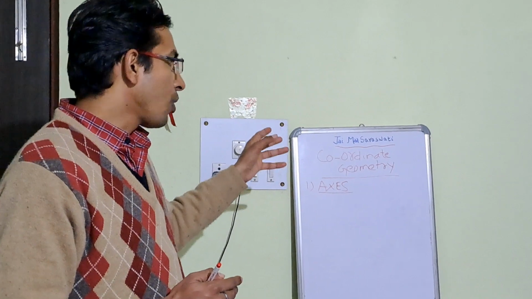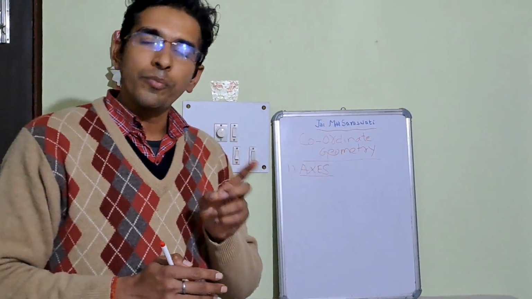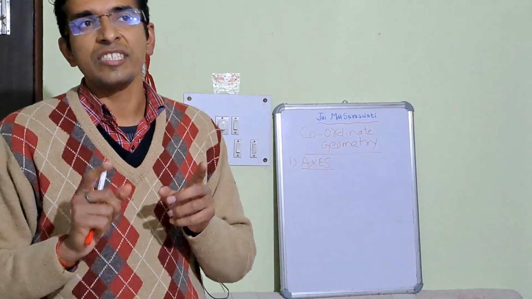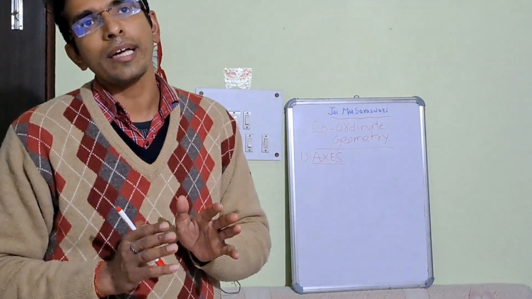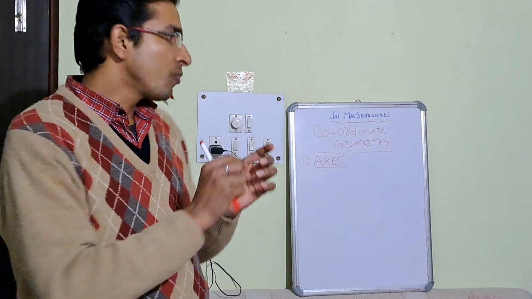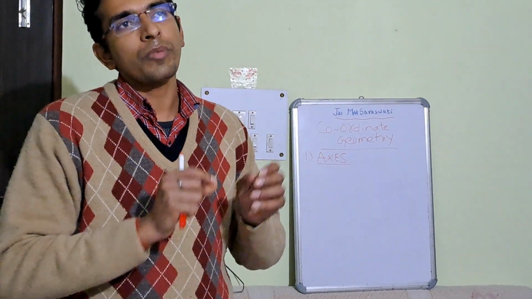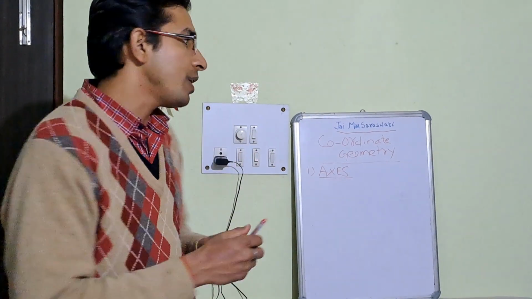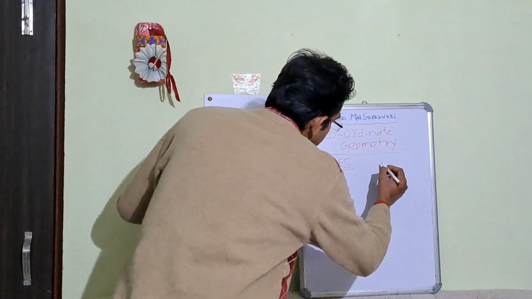In coordinate geometry, we will deal with these two coordinates as well as one more, the z-axis: x-axis, y-axis and z-axis. But starting from the very first point, we will discuss mainly the x-axis and y-axis.